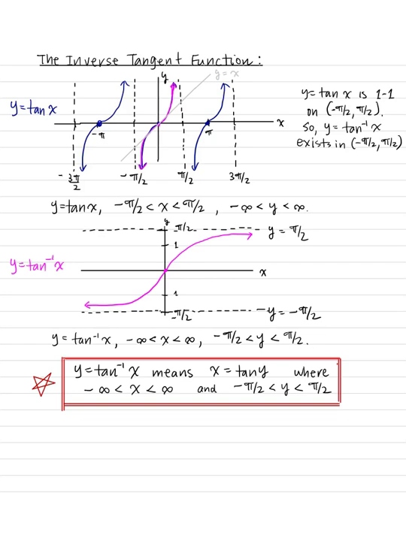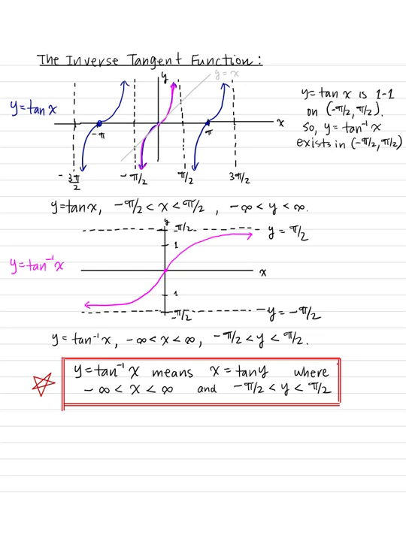Next topic is the inverse tangent function. I've already drawn a graph there, y equals tan of x. And y equals tan of x is 1 to 1 on the interval from negative pi over 2 to pi over 2. Certainly it is 1 to 1 from pi over 2 to 3 pi over 2, but again, we're going to take the interval that is closest to the origin.